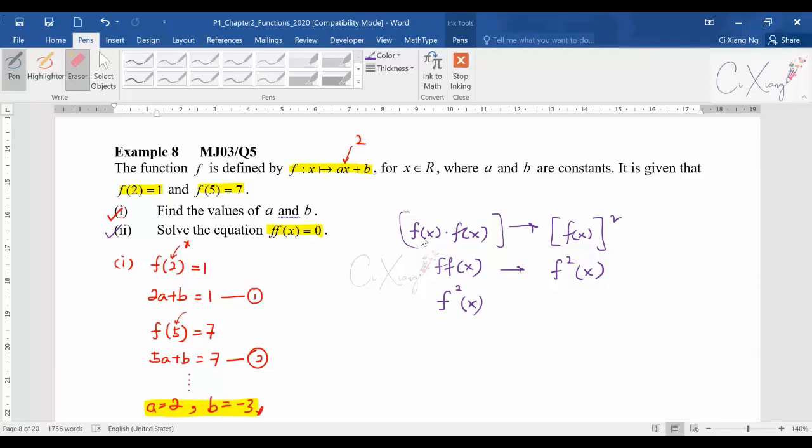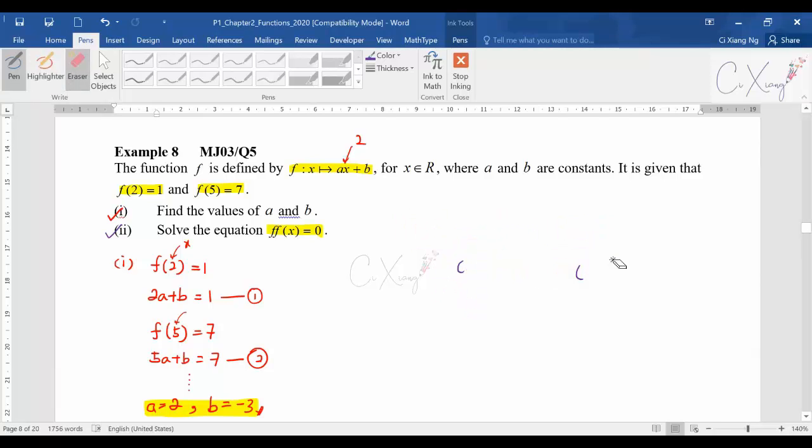Yeah, right. So now let us start with ff(x) equals 0. Usually I'll put the bracket here. Now what you need to do is substitute f(x) into the x. What is f(x) here? f(x) is ax plus b, equals 0.